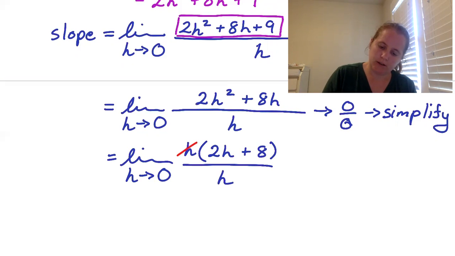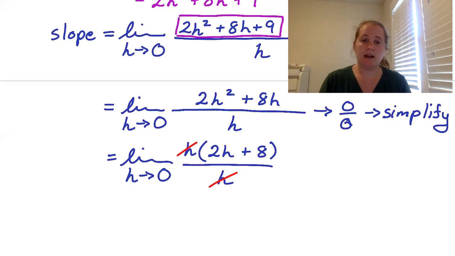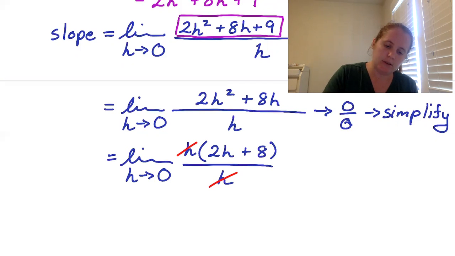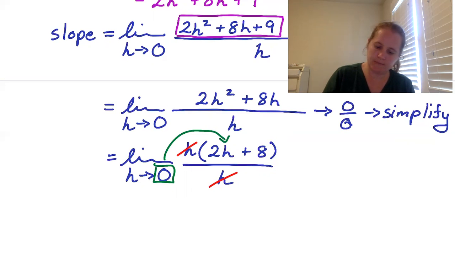The h we factored out cancels with the h from the denominator. And then as we let h go to 0, we can just plug in 0, and we are simply left with 8. So we have a slope of 8.